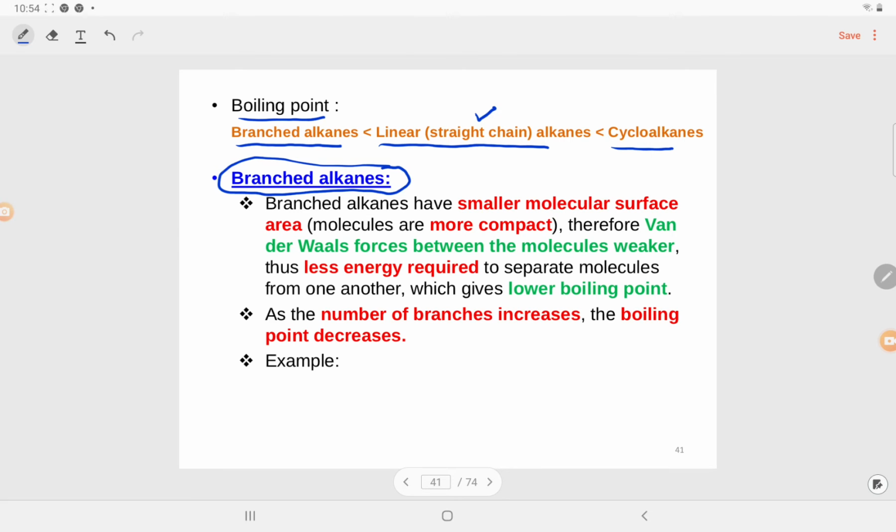For branched alkanes, the factor affecting them is the molecular surface area. If we have a higher number of branches in the molecule, the surface area of the molecule decreases. What happens? The van der Waals forces between molecules decrease, the energy required decreases, and the boiling point also decreases.